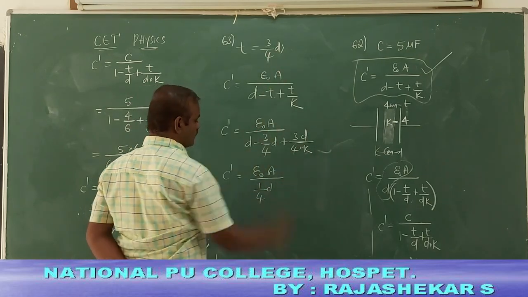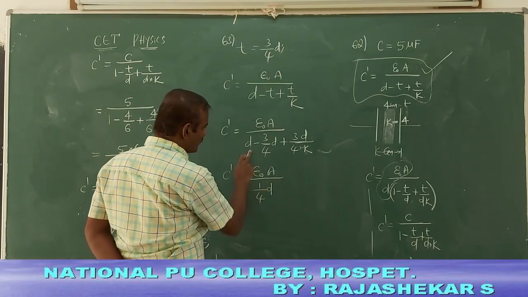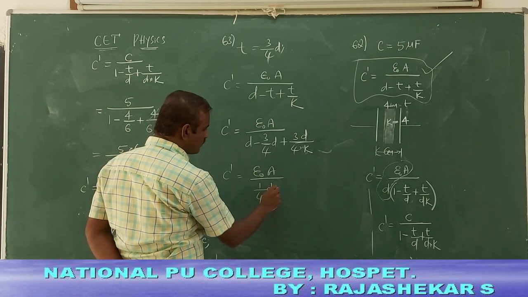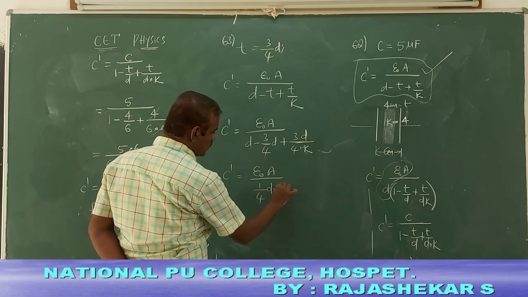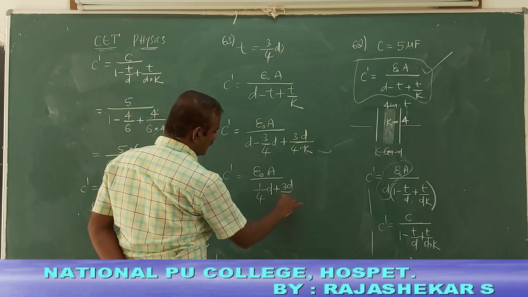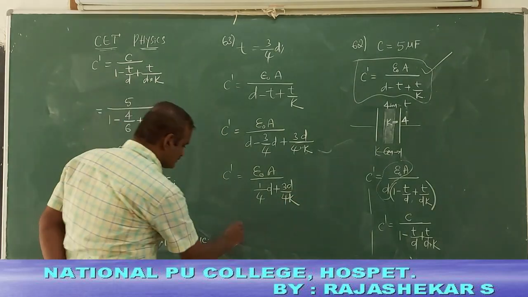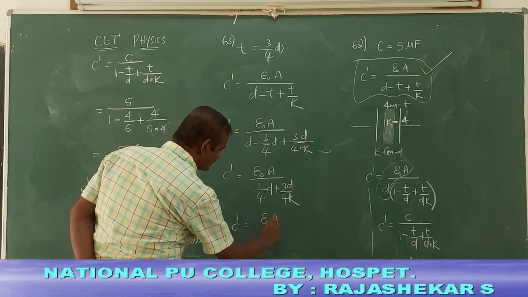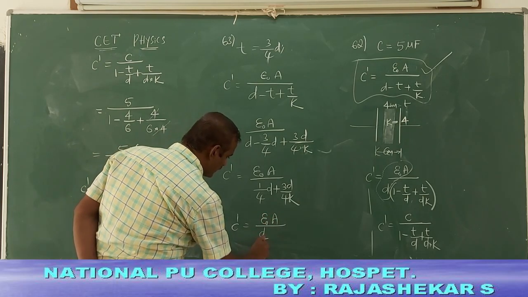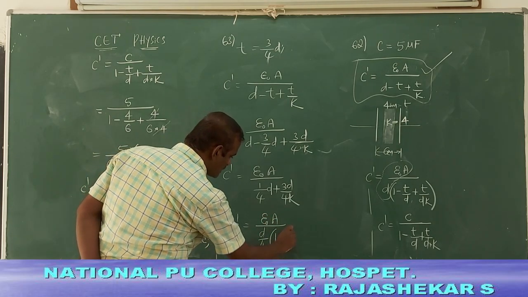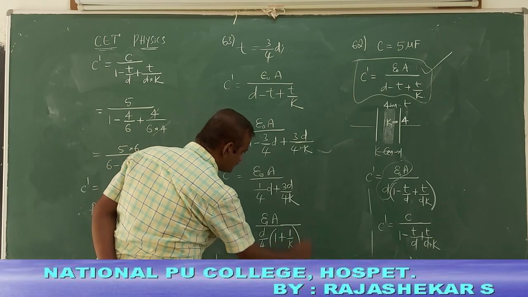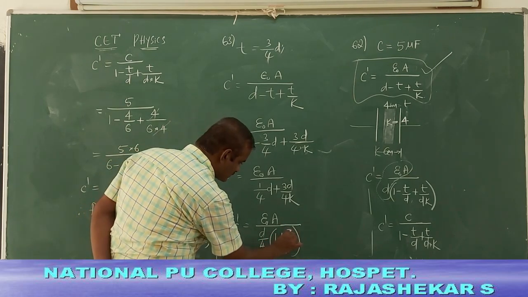because t is 3/4 d. So d minus 3/4 d is 1/4 d, plus now 3d by 4k. d by 4, if you take common, 1 plus 3 by k.